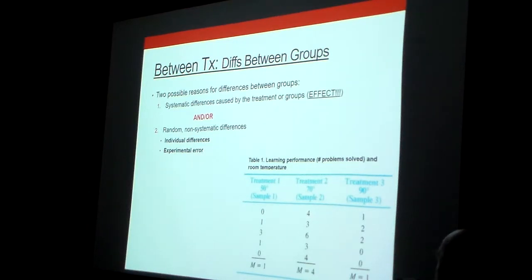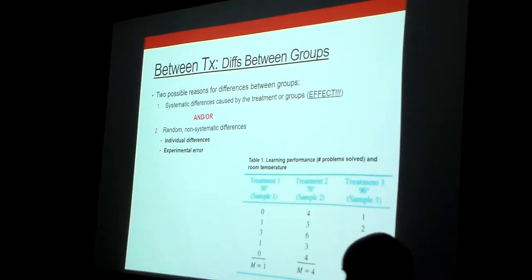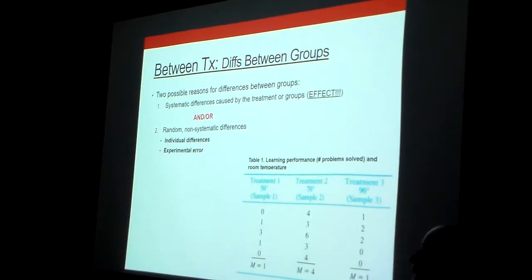And so we've got 3 different treatments, or 3 different groups. In one group, we've got 5 people come in and they complete some sort of task in a cold room, a moderately room temperature room, and then a really hot room, okay? And what we want to see is whether, if we freeze people out or roast them out, what impact that has on their performance.